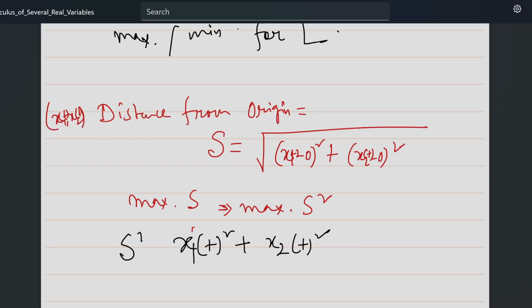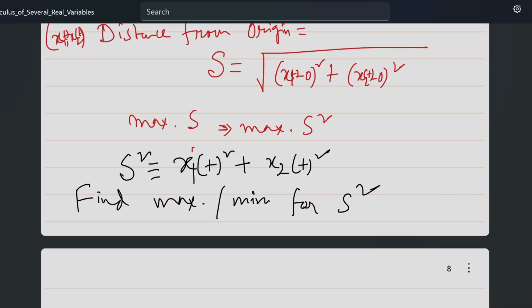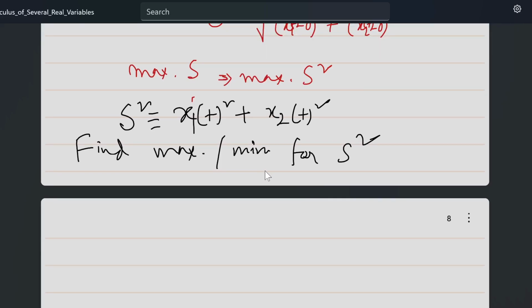Now you find the maximum or minima for s square, so that you will get the answer very easily. Because if you keep the root, then when you differentiate you have to differentiate the root thing, and complication will come. So to remove the complication, you square the function. Okay, it is a common strategy.